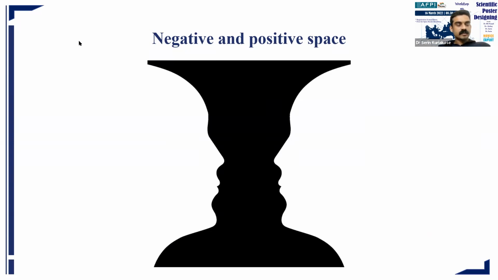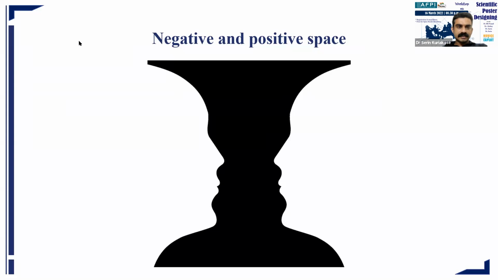Yeah. The question was actually, what do you see first? Face or vase? Both are there, I agree. What do you see first? Face. Vase first. Vase. So most of the people see vase first and then face.